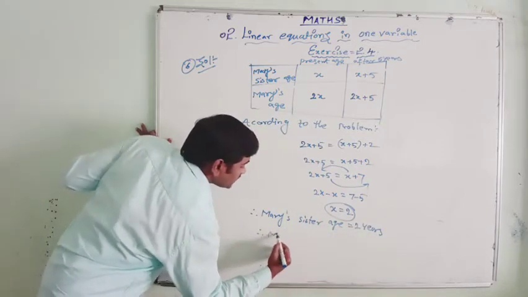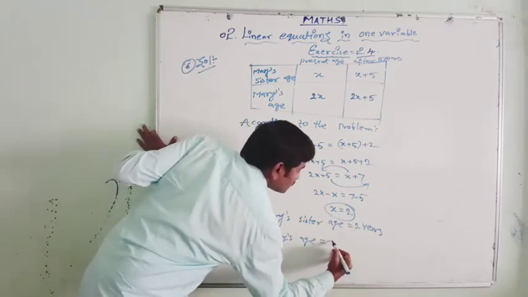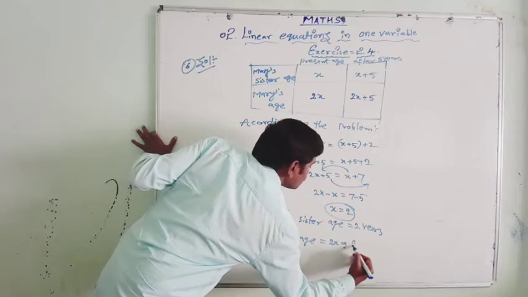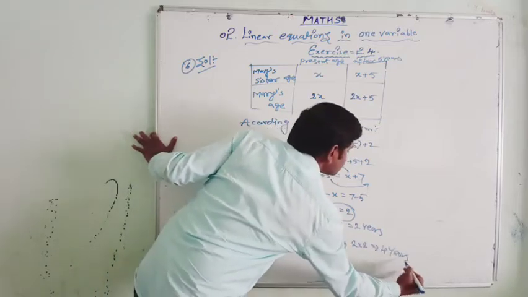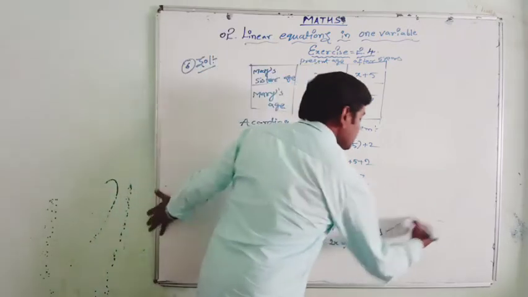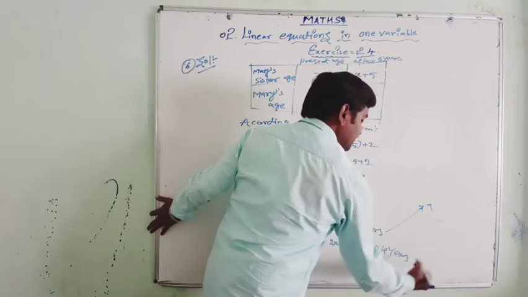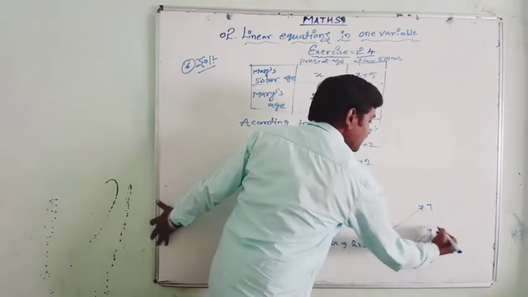Then, therefore, Mary's age is equal to 2X, that is 2 into 2, that equals 4 years. Simple. So after 5 years, Mary's sister's age will be 7 years, and after 5 years, Mary's age will be plus 5, that is 9 years.